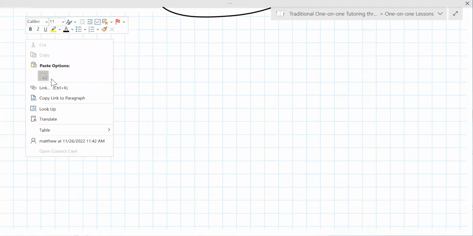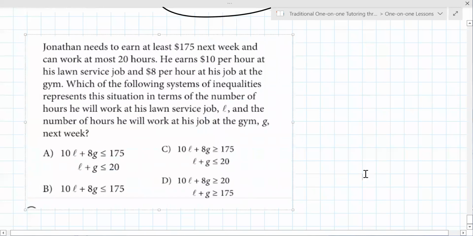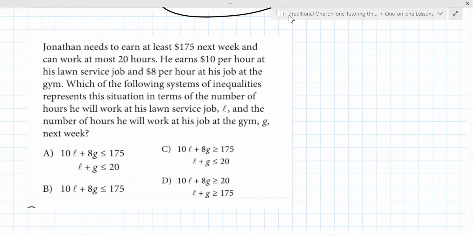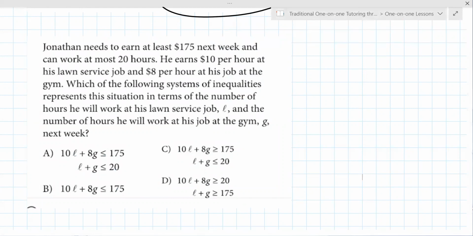We haven't done much with inequalities. That's where we're spending a little more time trying to understand the language in them. This one has some at most, at least in there. So go ahead and take a look at this and try to work it out with that approach, please. Which of the following systems of inequalities represents the situation in terms of the number of hours he will work at his lawn service job, L, and the number of hours he will work at his job at the gym, G, next week.